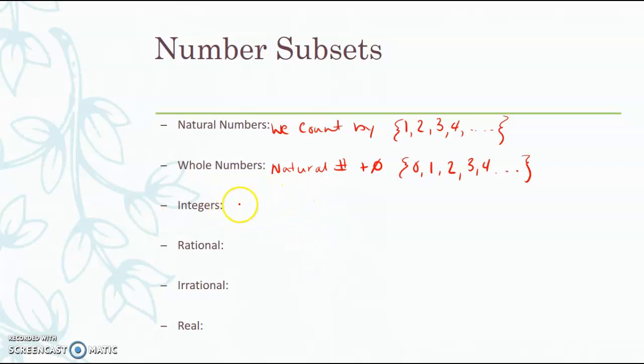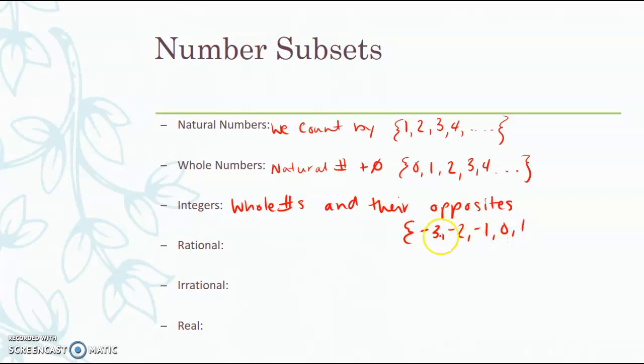Integers are the whole numbers and their opposites. So when we show this set, that would be like -3, -2, -1, 0, 1, 2, 3, and end with our ellipses. I should have started with dots to begin with.